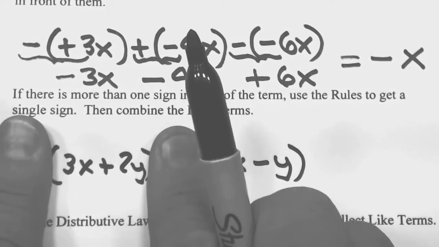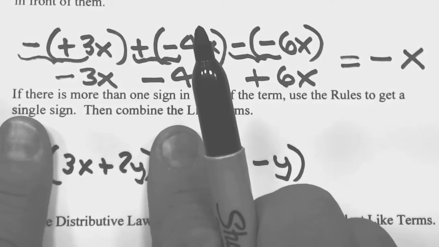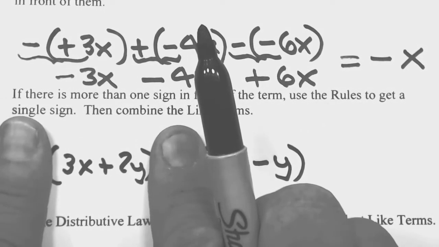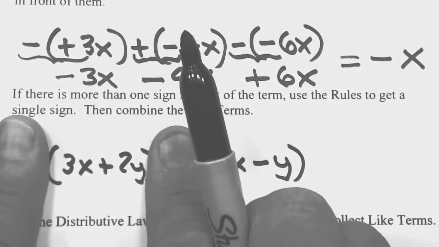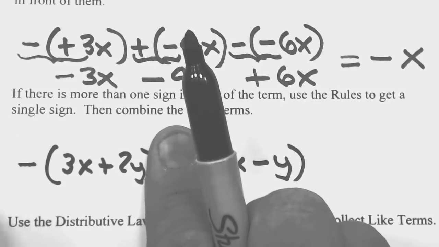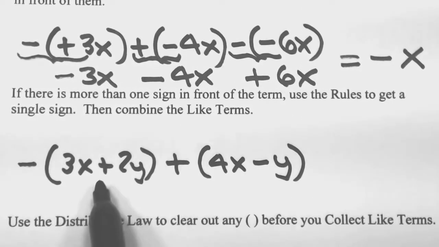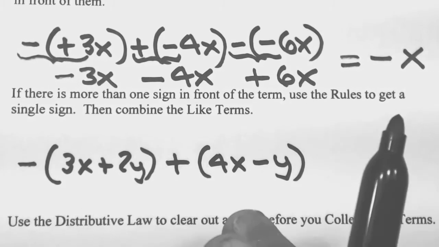Now notice what I'm doing here. If I cover up the parentheses enclosing the 3x plus 2y and pretend they're not there, then when you look inside, you see two terms: the 3x and the 2y. So I can say that there are two terms inside the parentheses.